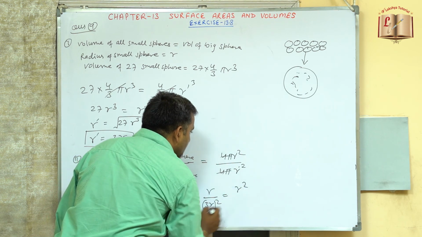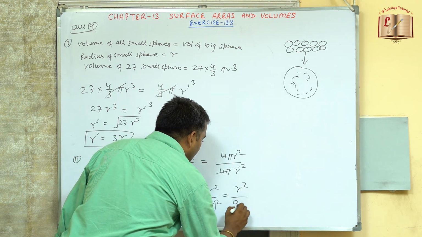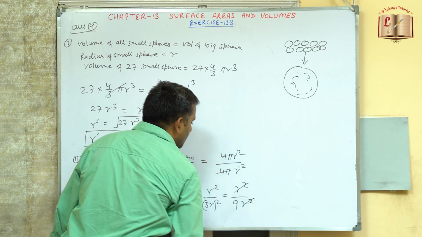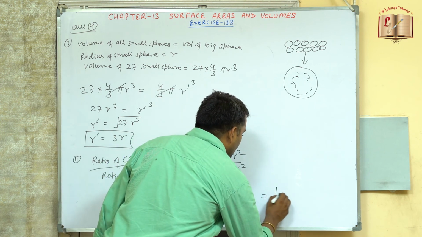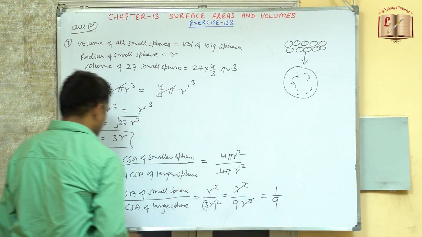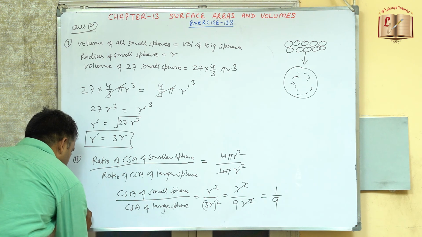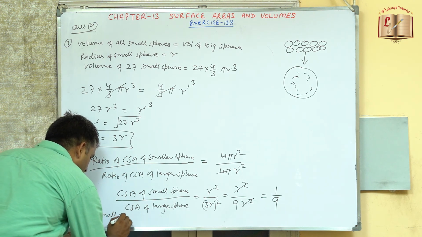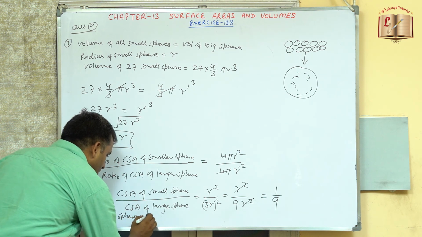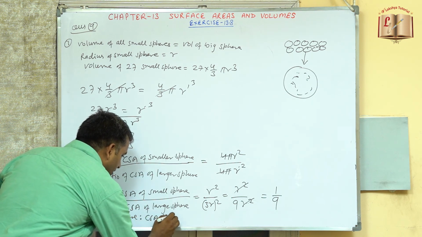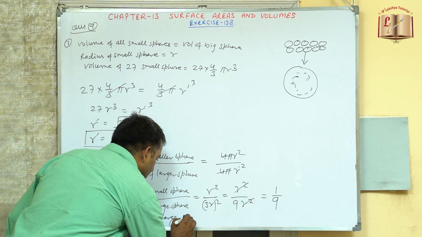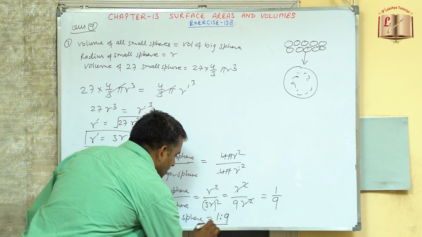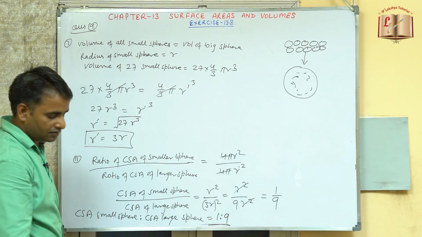So this will be r square divided by 9 times r square. So r square cancelled, and this is now 1 upon 9. So the ratio of CSA of small sphere to CSA of large sphere is 1:9.